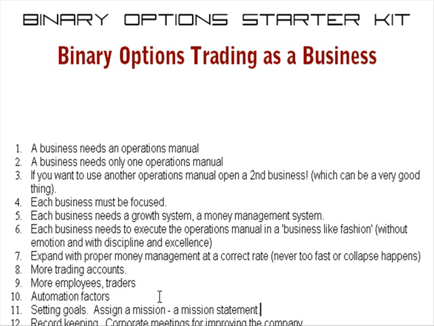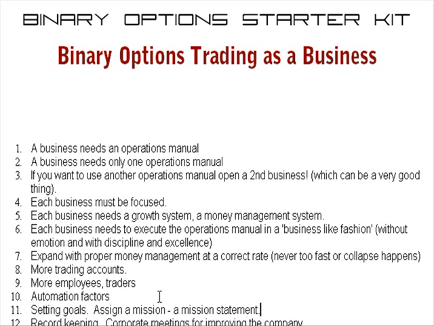Of course you can think of your operations manual as something more expansive that incorporates various aspects, and if you have employees and rules of engagement, rules of behavior, etc., how to deal with this and that. But your primary operations manual is going to be your trading system.